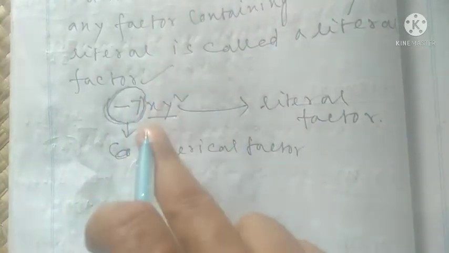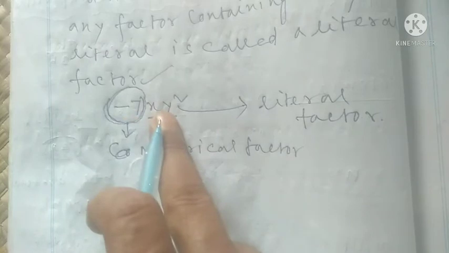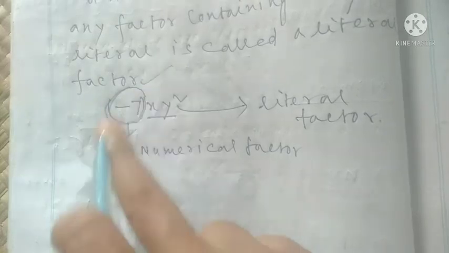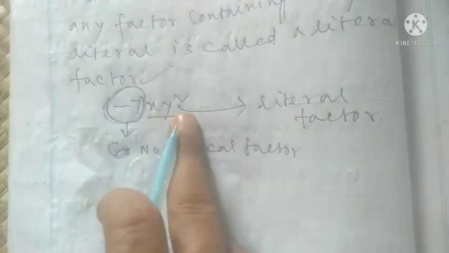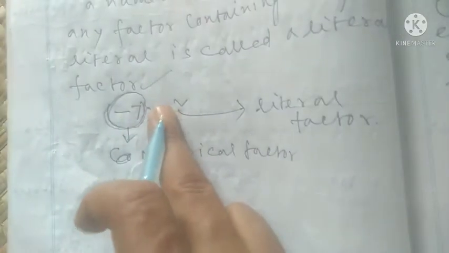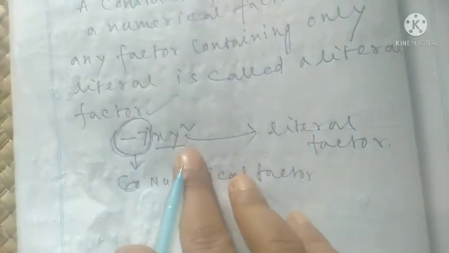But in this expression, -7xy² is there, so -7 is the numerical value. That means this is the numerical factor, and xy² is the literal factor. A few minutes ago I told you, any factor containing only literals is a literal factor.